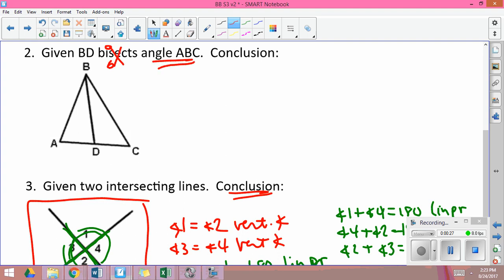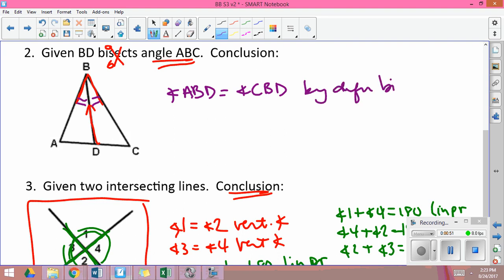This angle gets cut in half. So I know that angle ABD is equal to angle CBD by definition of bisector. I know nothing about that segment back there because that is not what my given tells me.